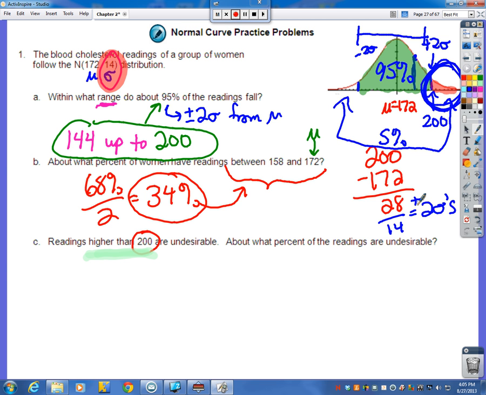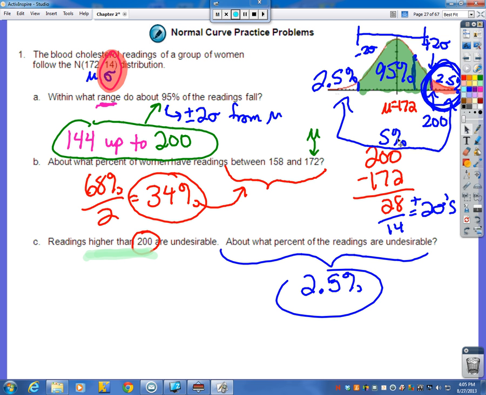Now, the nice thing about the normal distribution again is that it is symmetric, which means these two tails are the same exact size. So take our 5%, cut it in half. This tail has 2.5%, and this tail contains 2.5%. So what percent of readings are undesirable? 2.5% are undesirable.